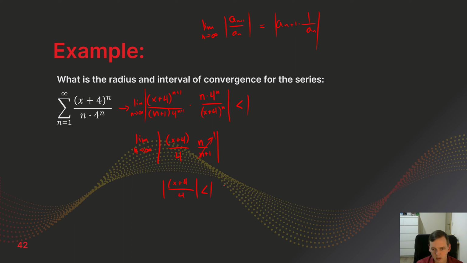So if we want to write that out, we know that negative 1 has to be less than x plus 4 over 4 is less than 1. So whenever we have something like this, remember, this means plus or minus. Well, if I want to represent the plus, I don't need to change anything, but if I want to make this minus, I need to multiply both sides by negative 1, and when I multiply by negative 1, that flips the sign here, and that's why we get this expression here.